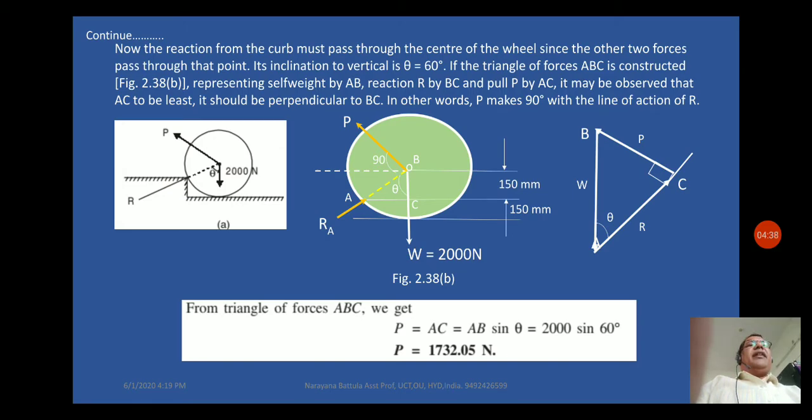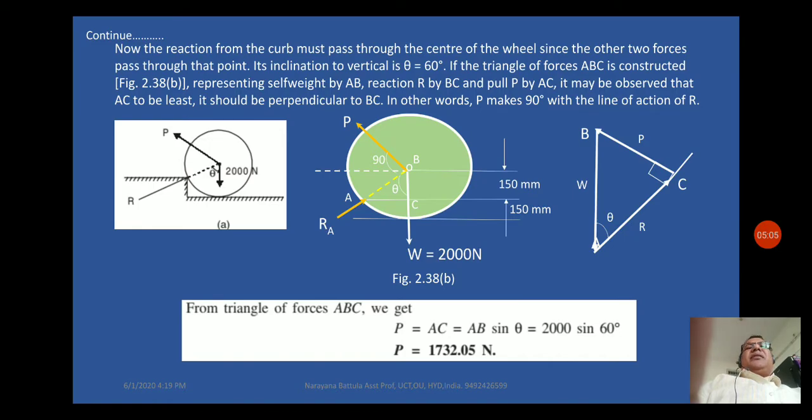If the triangle of forces ABC is constructed here, from this figure, self weight is AB, reaction R is BC, and pull P is shown with AC.